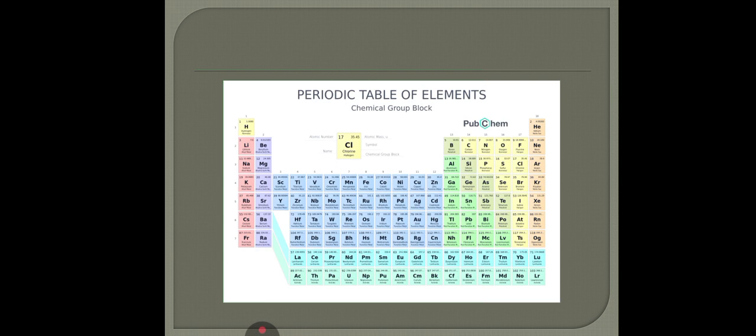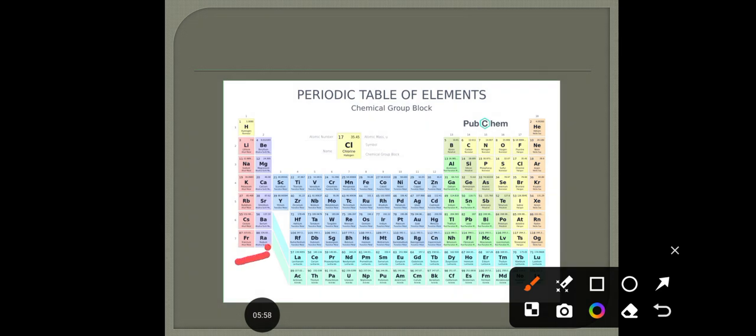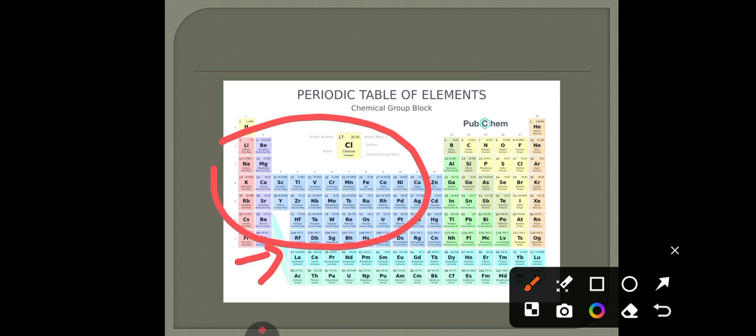And why they are placed separately also, there's a reason. If we talk about the lanthanide series, there are 14 elements. Now lanthanides, though they are metals, are a little different from the other metals, because lanthanides are very heavy metals.